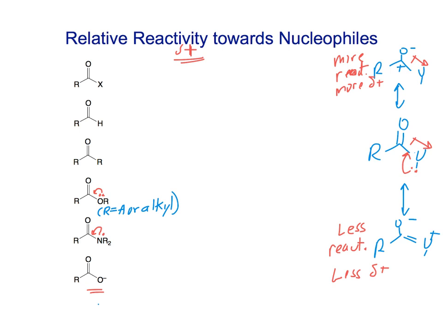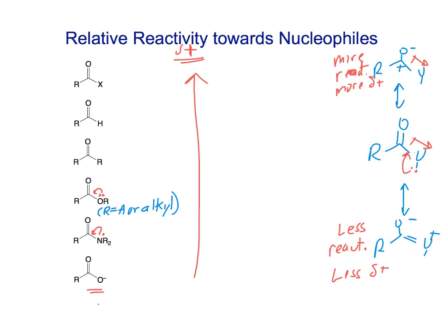It would be better, right? Because this has a full minus charge. This would be a better electron donating group. So the carboxylate anion is less reactive than the carboxylic acid to a nucleophile. All right, so the order here is essentially as I have it drawn. The delta plus on the carbonyl carbon is going to increase as we go up.